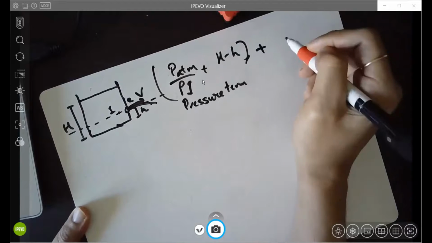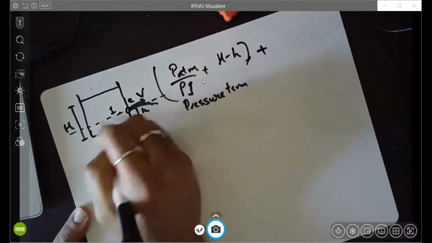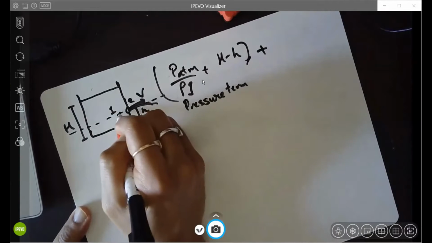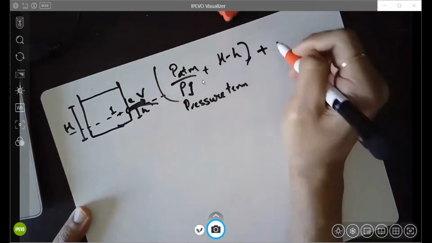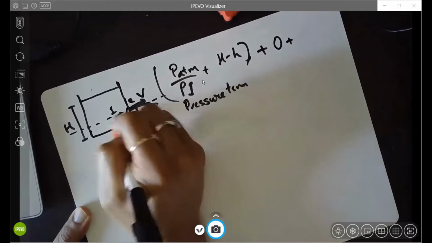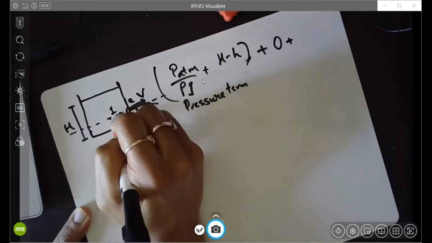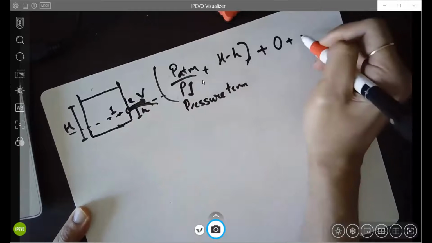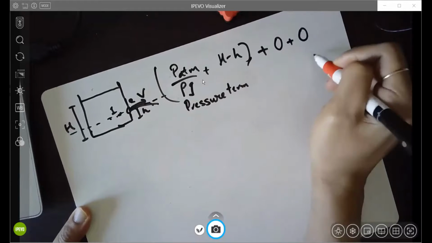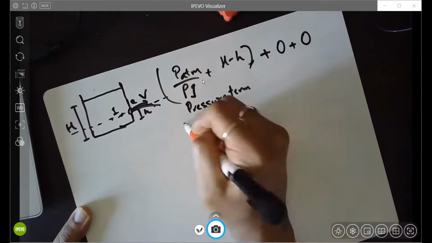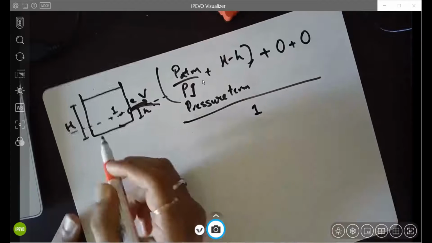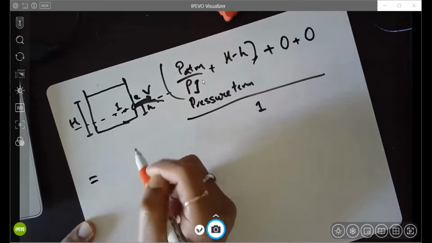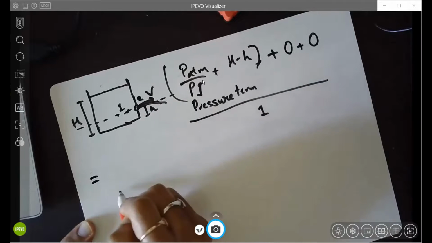Plus the elevation term. The potential energy is 0 because the datum is out here and the point is at the datum. So this is 0, and we assume that the velocity is negligible in here compared to here. So this is also 0 at point 1. So this is what point 1 is equal to at point 2.